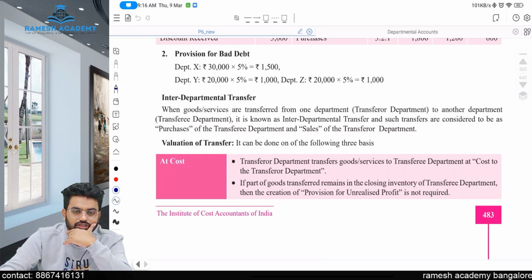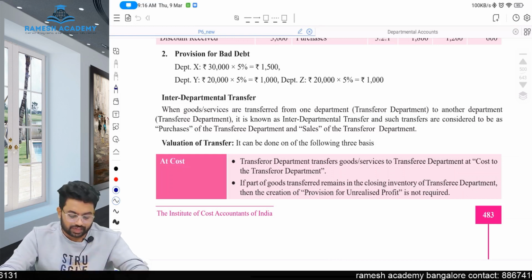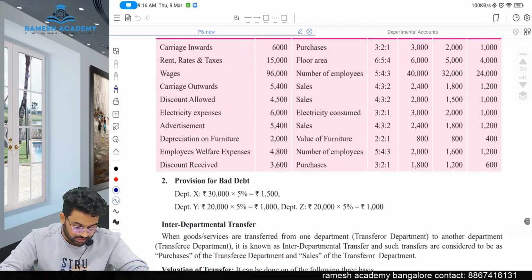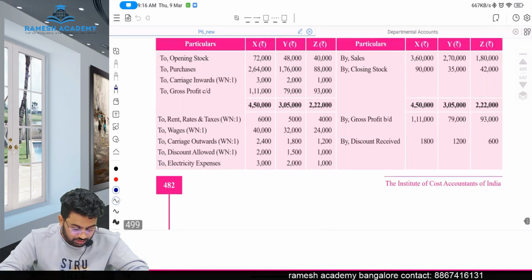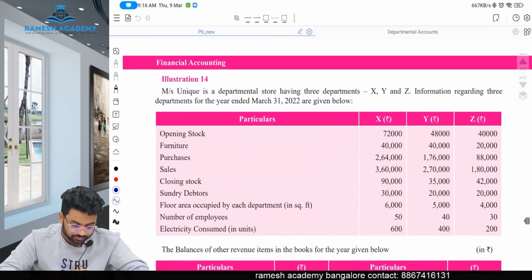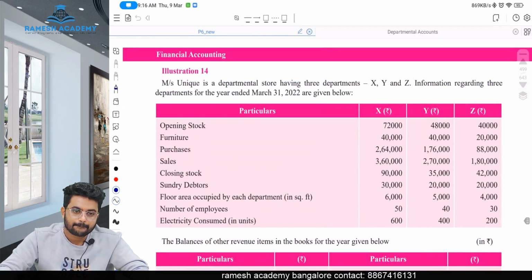Yes, fine. So we can straight away proceed to the illustration, right? Shall we proceed to the illustration, guys? Shall we? Hello, guys. Yes.